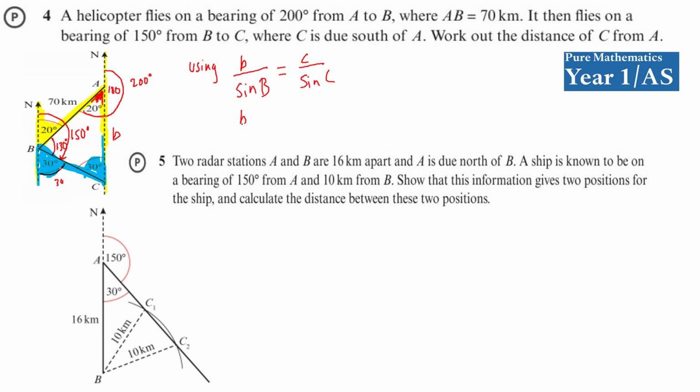So b is essentially AC, and obviously we multiply by sine B on both sides to make b the subject. So c times sine B all over sine C, and that will get us our answer. Ensure you do this in an exam question for your method marks. And we said B is 130 over sine C, which is 30.